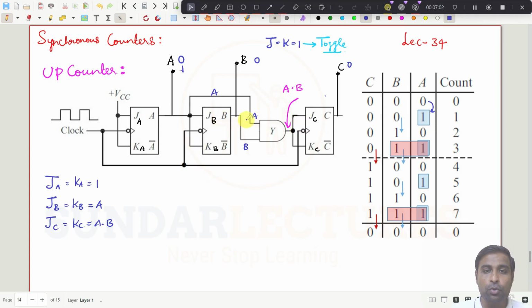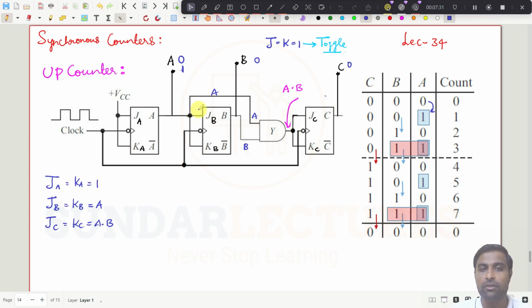And what happens to the B output? It is getting an input from A. Okay, now this is the next stage. A is already 0 in the previous stage, so you have to take that input.